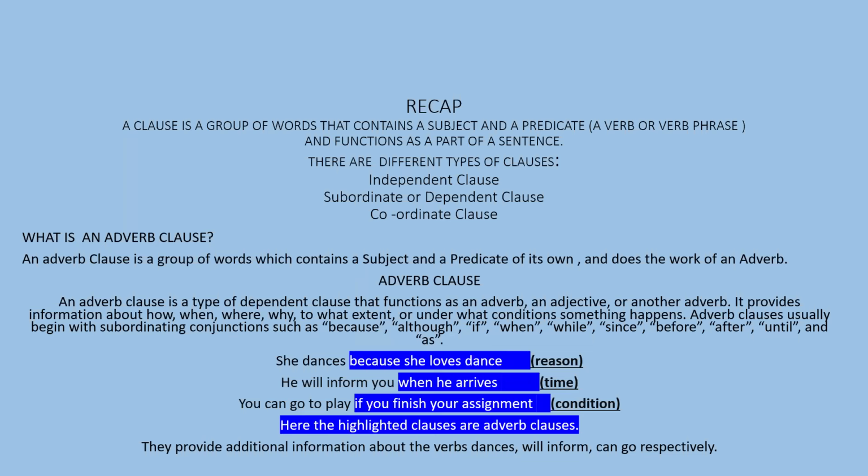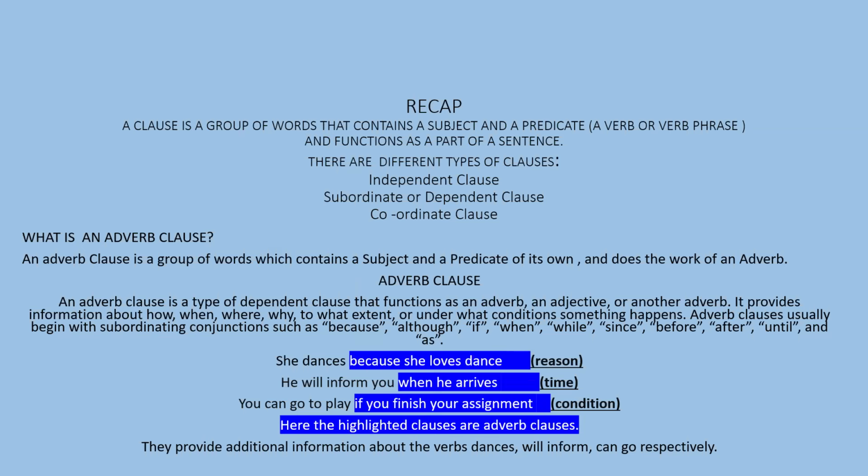An adverb clause is a group of words which contains a subject and a predicate of its own and does the work of an adverb. An adverb clause is a type of dependent clause that functions as an adverb, an adjective, or another adverb.